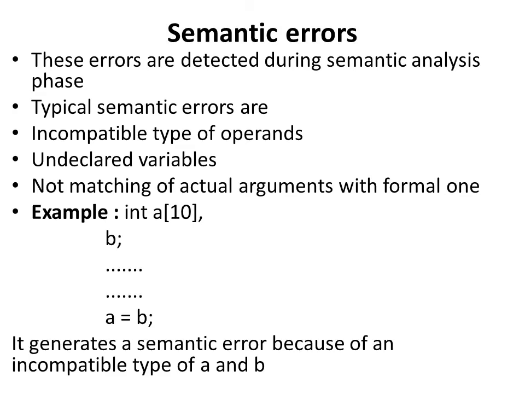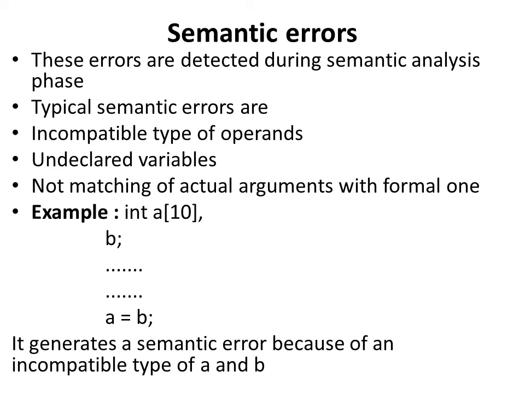The third type of error is semantic errors. These errors are detected during the semantic analysis phase. Typical semantic errors are incompatible types of operands, undeclared variables, and actual arguments not matching formal ones. Operands are the identifiers which come before and after the operator.